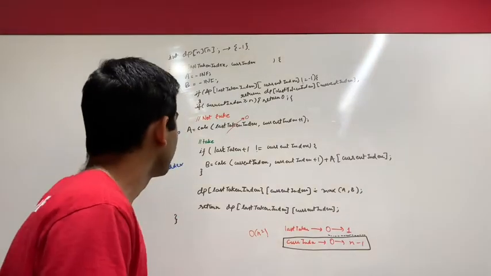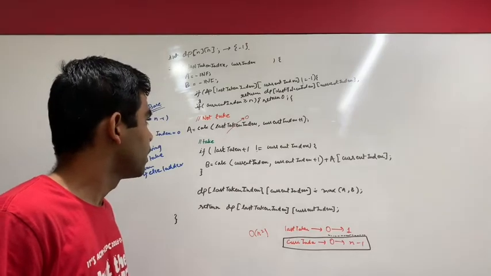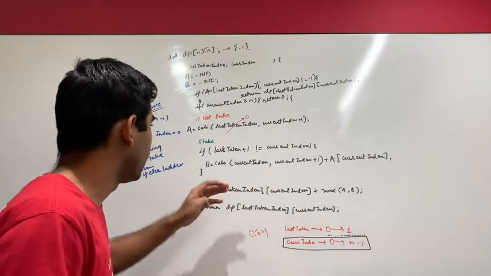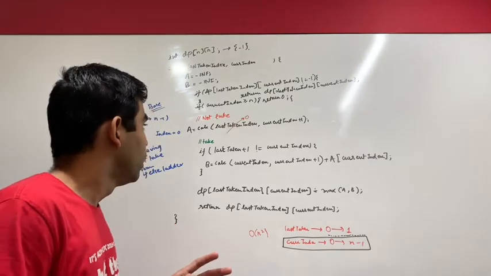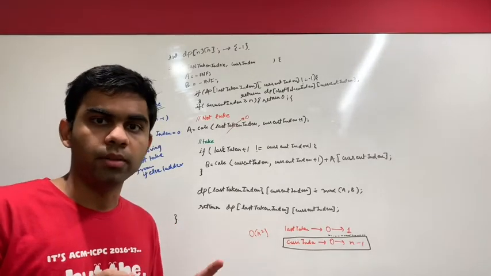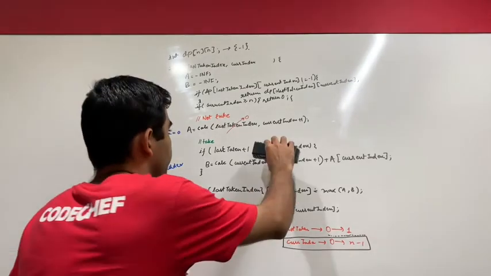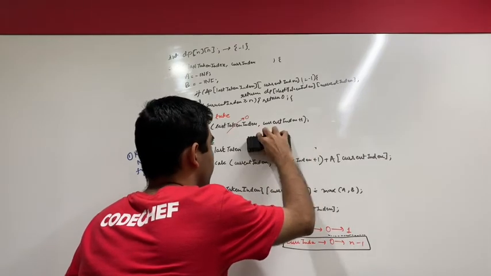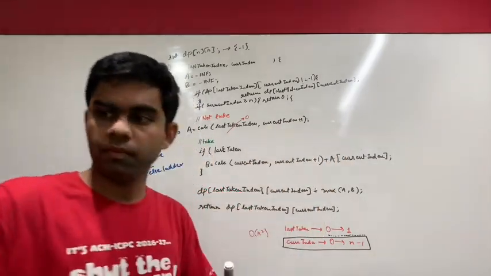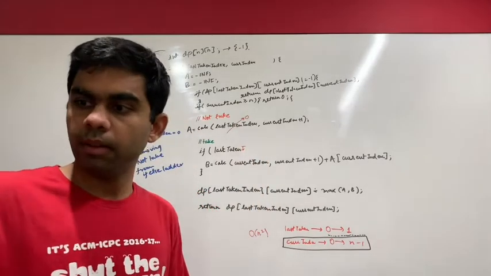And in my take condition, what I can do is just check if my last taken index was 0.